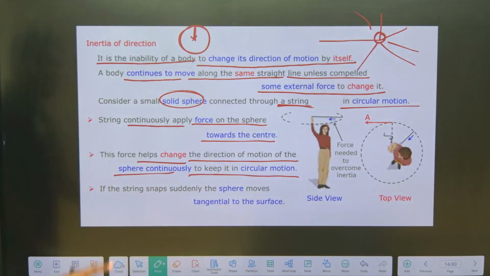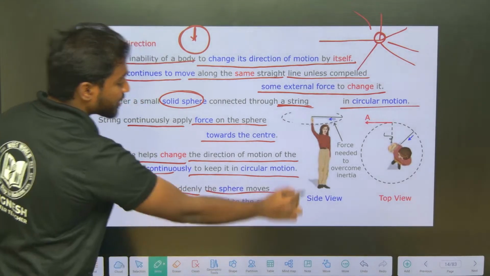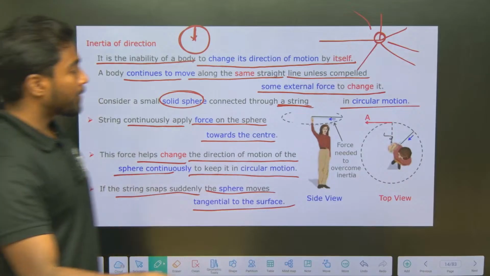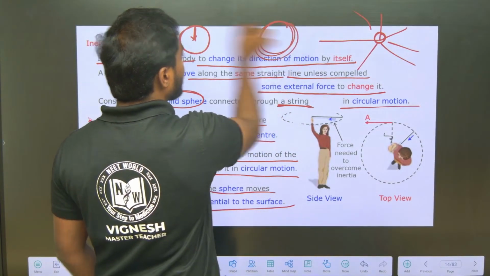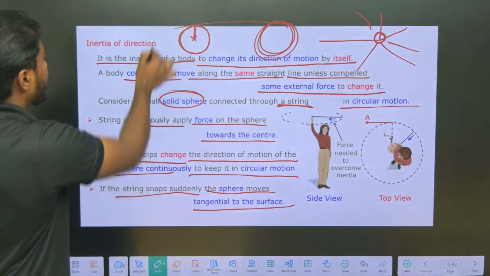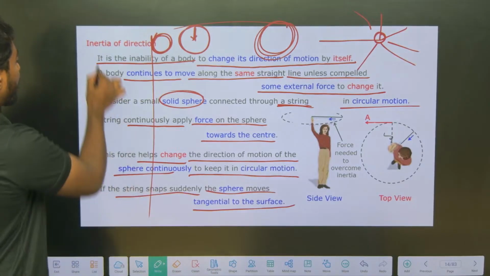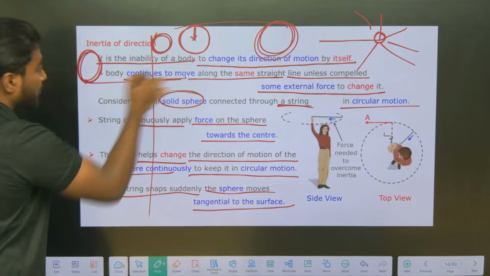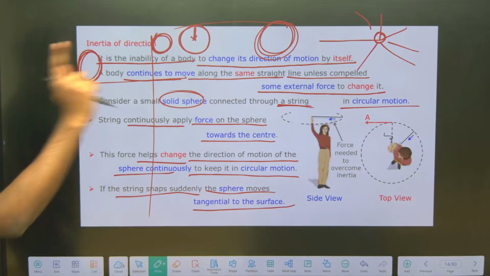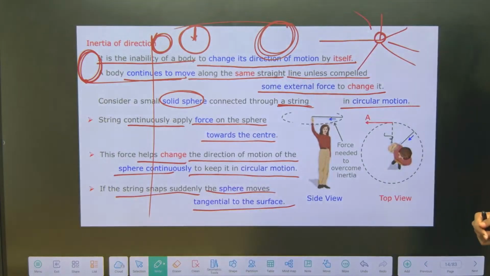If the string snaps suddenly, the sphere moves tangentially. If a body is rotating like this and I leave it at this point, it will go along the tangent. This is inertia of direction.